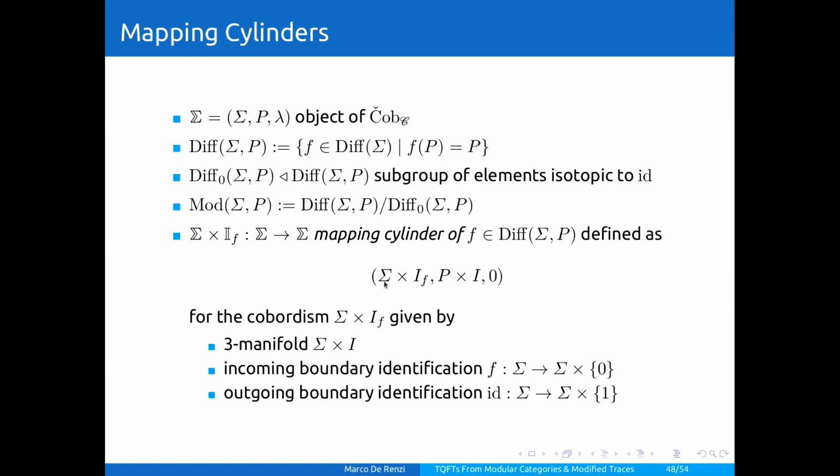So Cobordism sigma times I subscript F. Then the bichrome graph is kind of trivial. It's just the identity on the points P, and the signature defect is simply 0. And this Cobordism here is defined as a 3-manifold just by the cylinder, and the incoming boundary identification is induced by F, and the outgoing boundary identification is induced by the identity. So this is, in more words, something I kind of told you on the second slide.